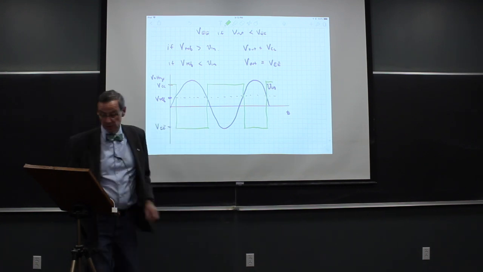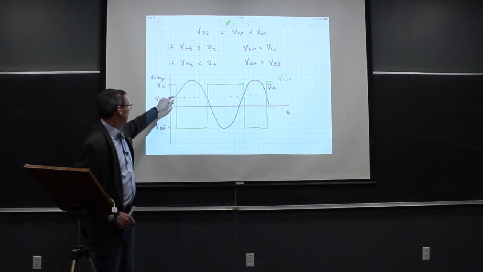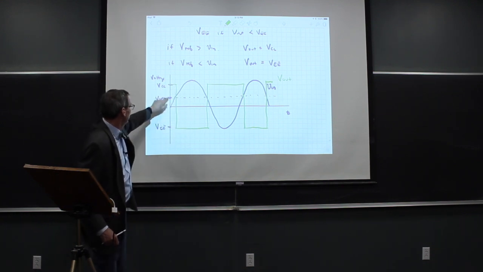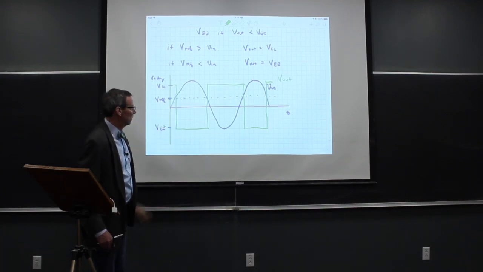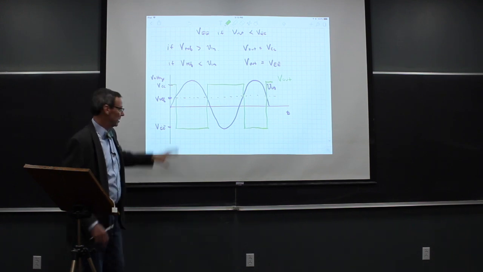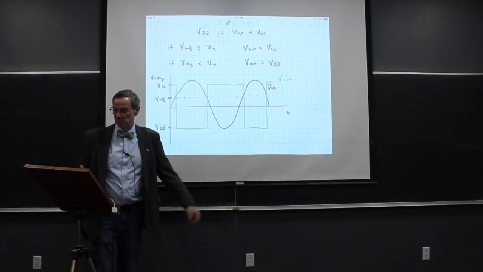So we have an output signal, V out, it's either VCC or VEE, and it's VCC when the input signal is below the reference, and it's VEE when the input signal is above the reference. So that's what a comparator does. It takes an input signal, we either have VCC or VEE as the output.